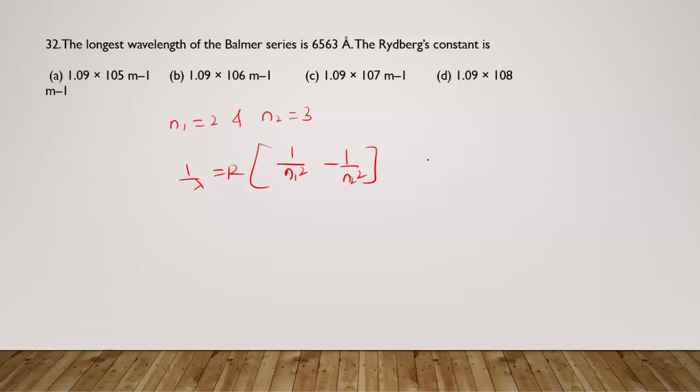When you calculate, finally you get the answer 1.09 into 10 to the power of 7 per meter, because it is a constant value. Option C is the right answer.